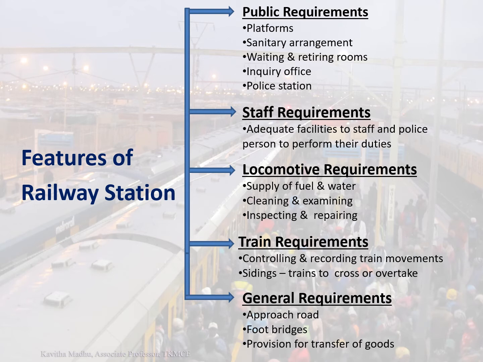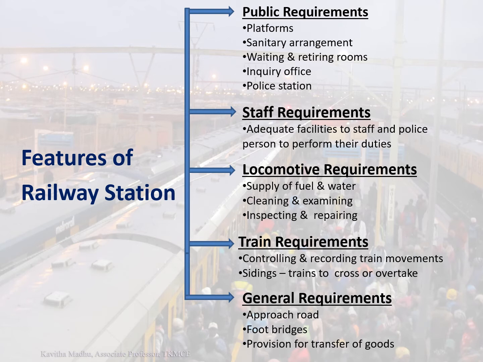Then there is train requirement or the locomotive requirement, we can say. The various facilities for locomotive department should be provided, like proper arrangement for supply of fuel and water to locomotive, then arrangement for cleaning, examining, inspecting and maintaining the locomotive and sorting the wagons properly for the next train should be there.